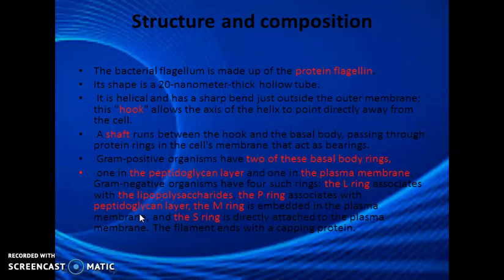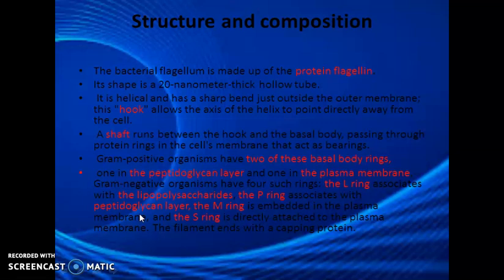Now it possesses certain protein rings which are present within the cell membrane and act as bearings. In the case of gram-positive organisms, it has 2 of these basal body rings. One is present in the peptidoglycan layer, which is called the P ring, and one in the plasma membrane.